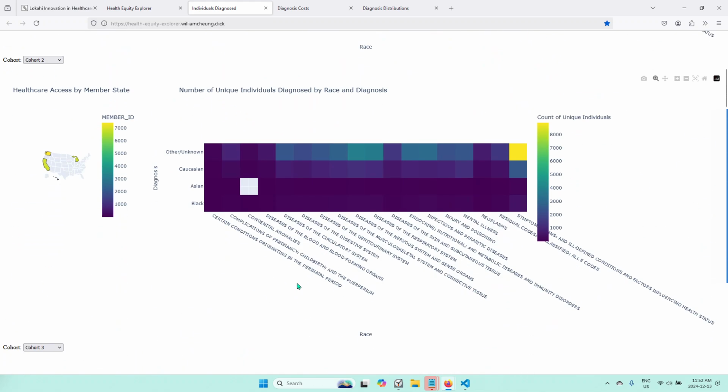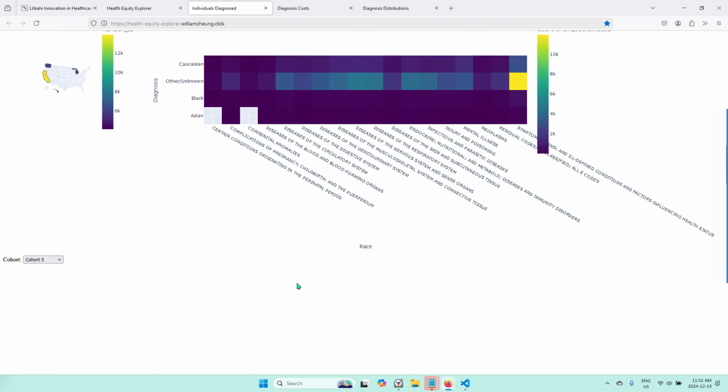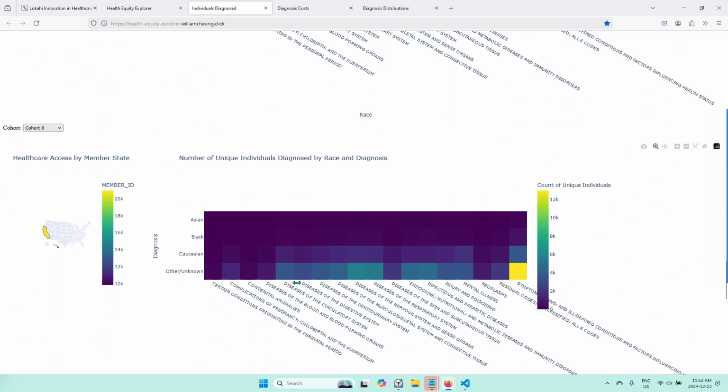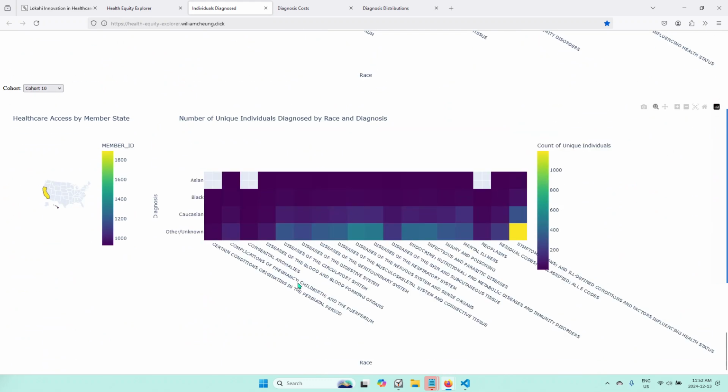And when you expand all, it just keeps scrolling here. It's going to load the visualizations for all the cohorts, including the last one, which only has the remaining 7,000 plus members' data. Asian, diseases of the respiratory system, only five.